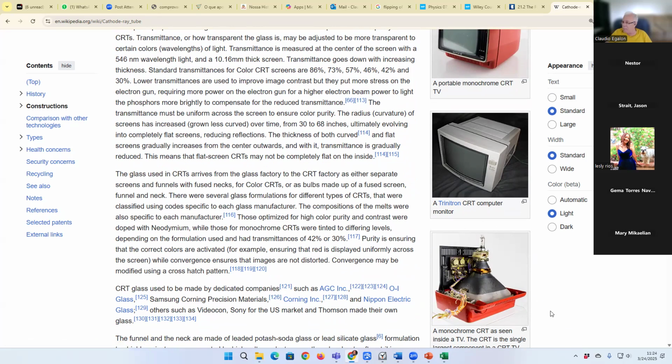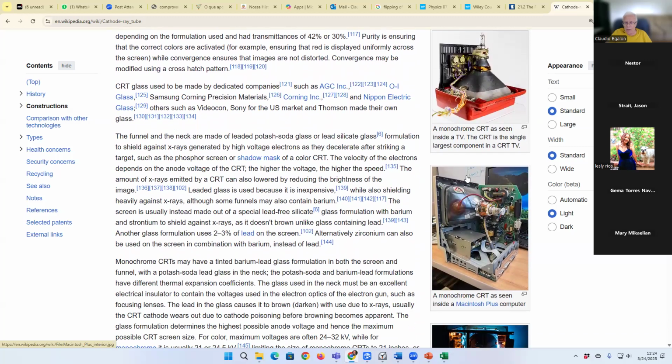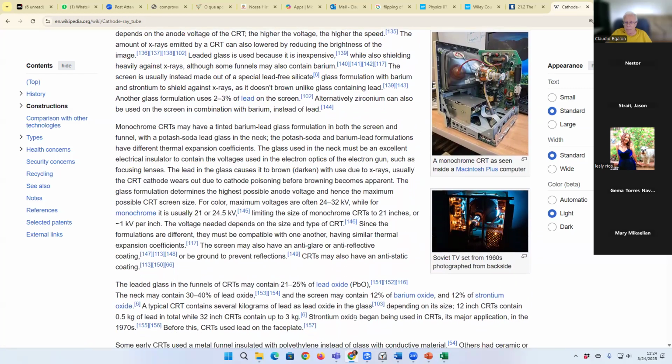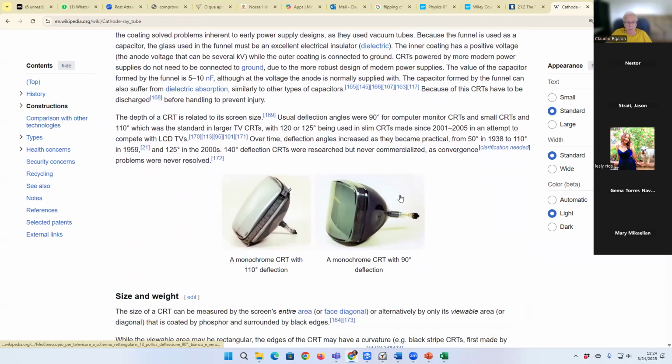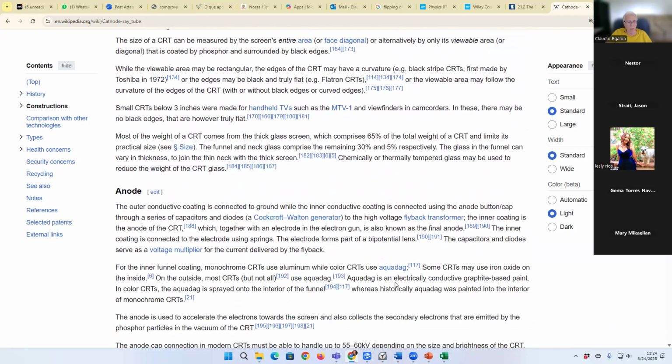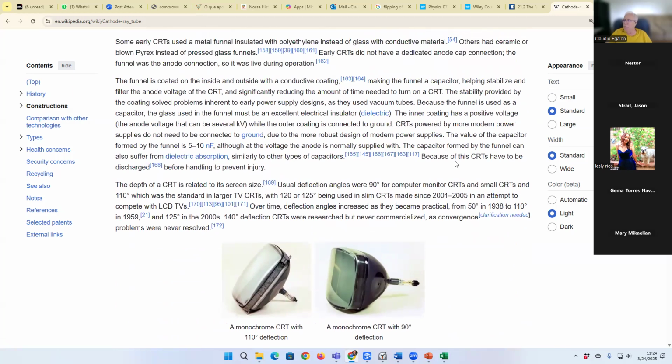Even though we have something much simpler, lighter, and thinner, it was still very revolutionary. We used that for 100 years. Okay, here you go. Monochrome CRT as seen inside a Macintosh Plus computer. Monochrome CRT, 90-degree deflection. Okay. And everything started with the Crookes tube.